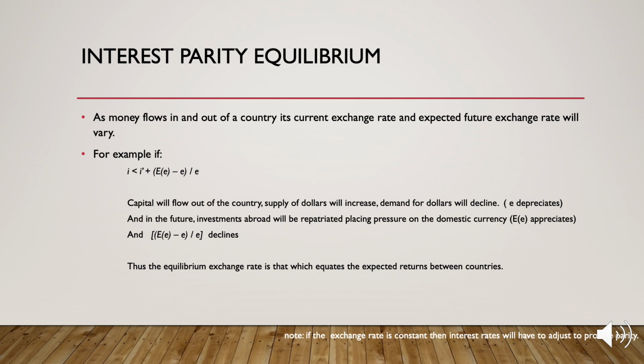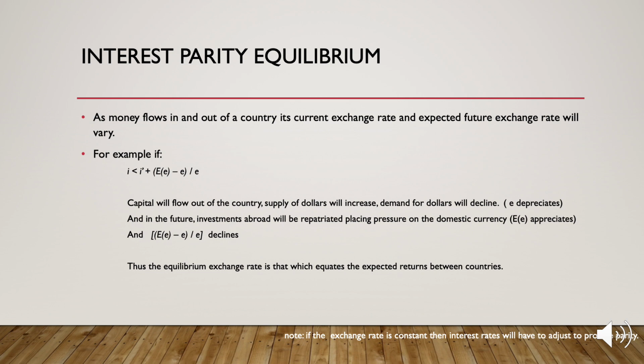As capital flows out of the country, the expected depreciation, which started out at 10%, will move to 9%, will move to 7%, will move to 6%, and so on and so forth. In fact, the expected depreciation will continue to fall until capital stops flowing out of the country. In this example, the expected depreciation would have to fall to 3%.